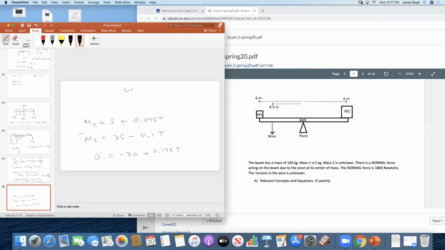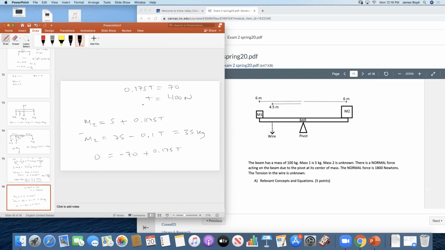And I see here that 0.175 t is equal to 70, or t is equal to 70 divided by 0.175. 70 divided by 0.175 is 400. So I know my tension is 400 newtons. If I want, I can just plug it in here to get M2. 400 times a tenth is 40. So M2 has to be 35 kilograms.